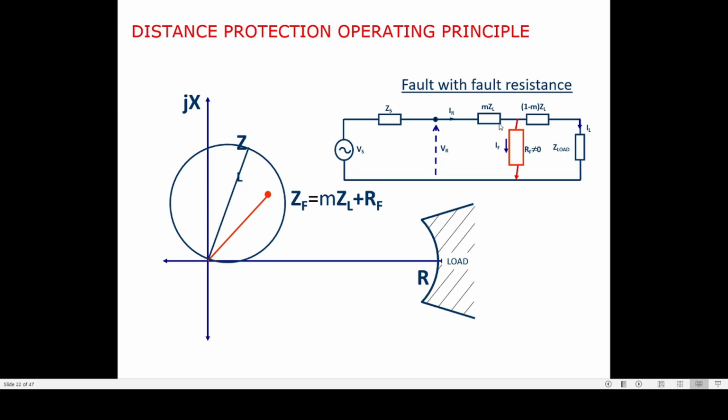So anywhere if there is a fault and the resistance value RF is neglected, then the impedance measured will be on this line. But the moment this RF is introduced, the impedance measured will change its location from this line to some other point.